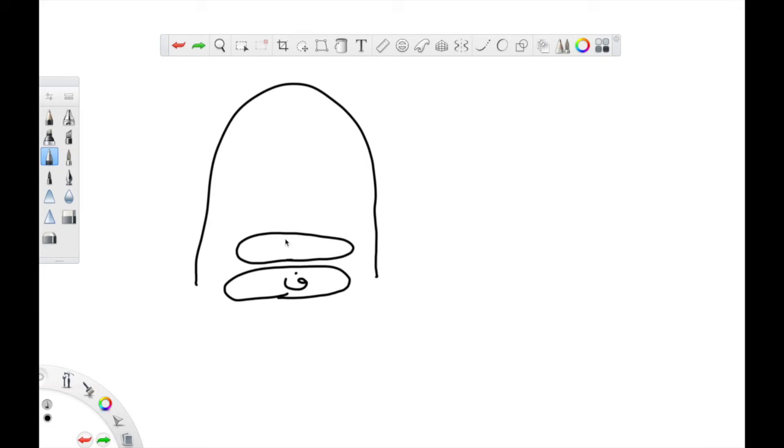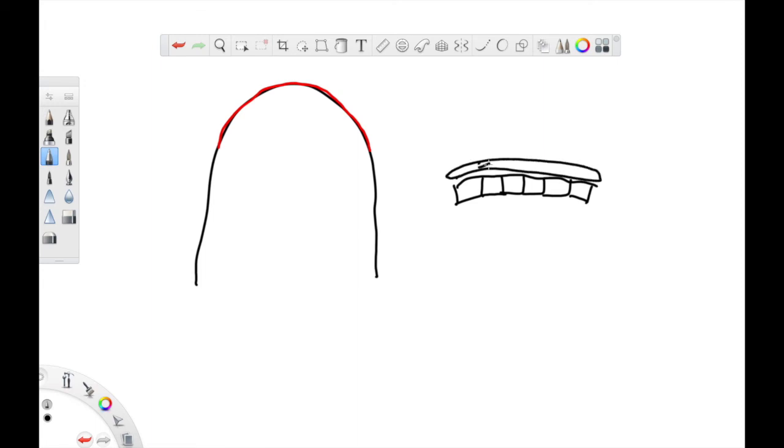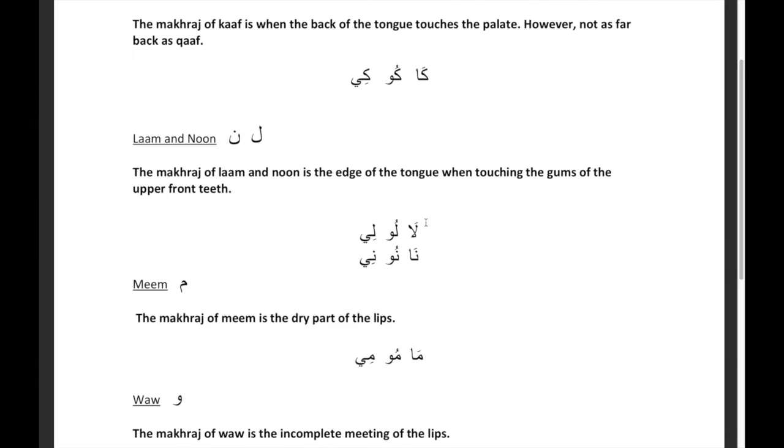So the edge of your tongue would be across this whole part. Lam, Noon. La, lu, li, na, nu, ni.